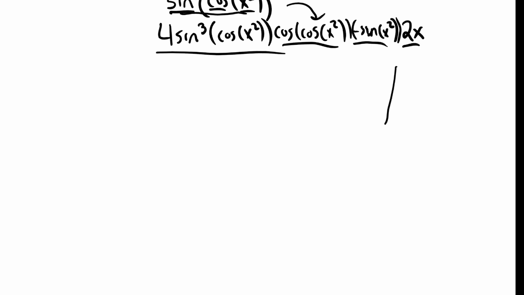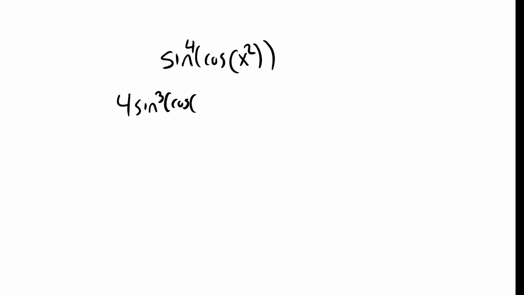Alright, so now let's put this on a screen people can see. So I did sine to the 4th of cosine of x squared. That was the problem I did. So the derivative is 4 times sine cubed of cosine of x squared, because I take the derivative of something to the 4th.